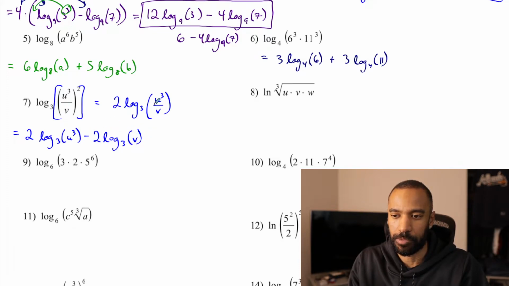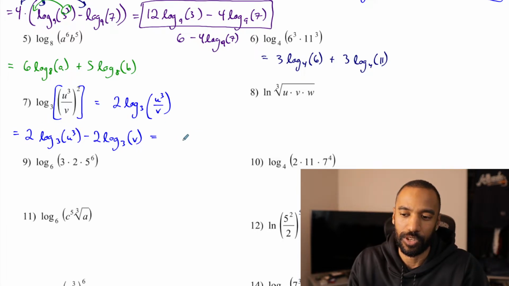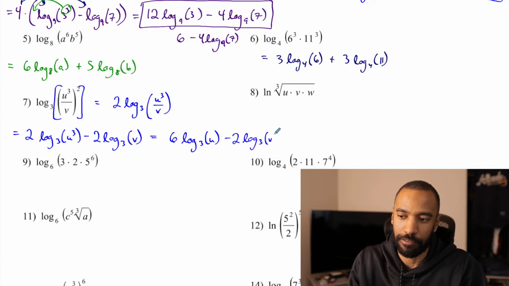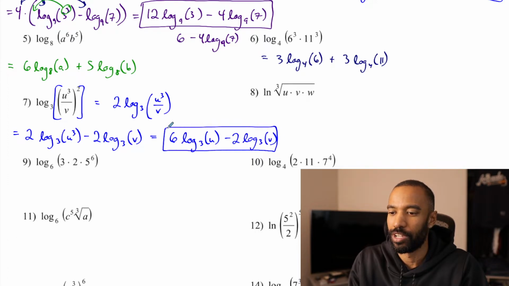And again, it's a subtraction because of the division inside there. There are only so many times I can end up saying that. I'm going to pull this 3 out in front. It's going to multiply with the 2. So it'll be 6 times log base 3 of u minus 2 times log base 3 of v. And that is your final result.